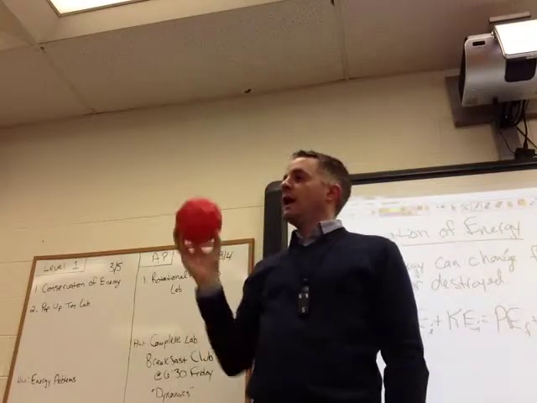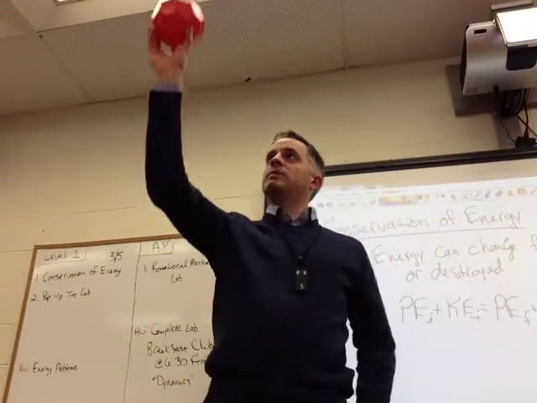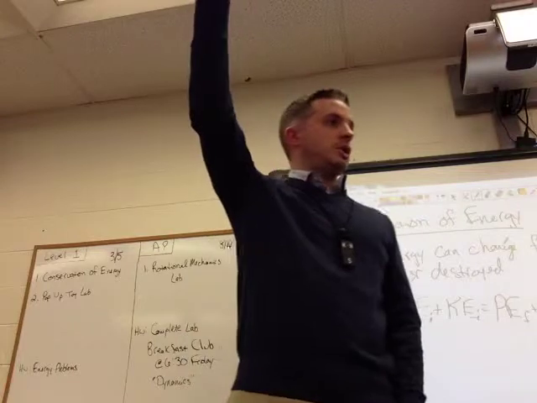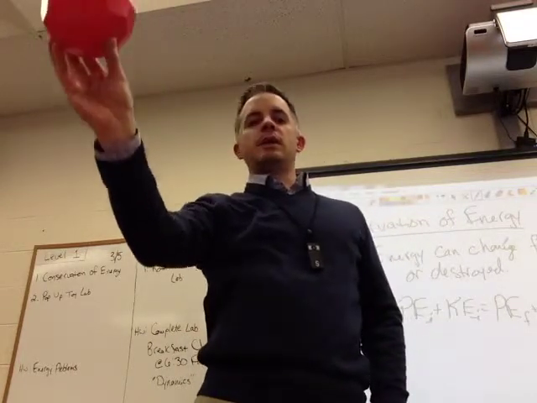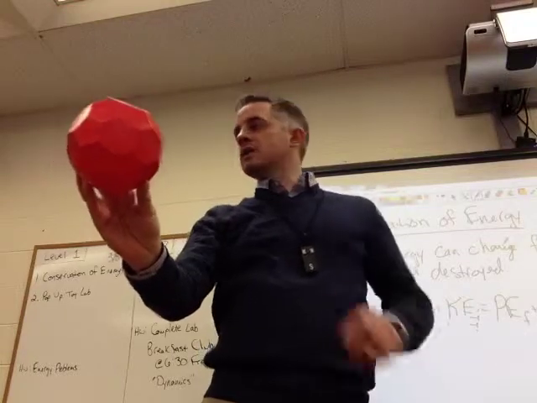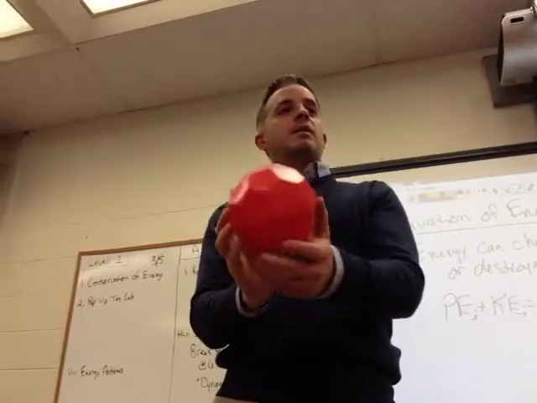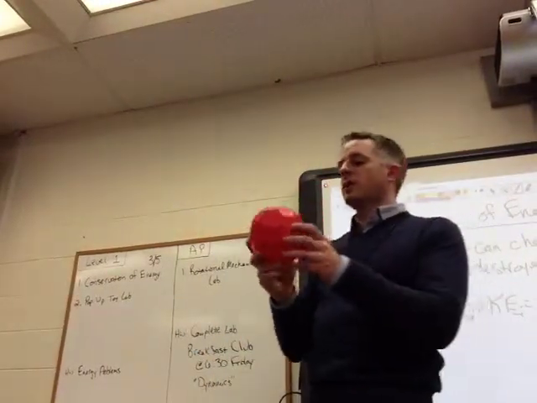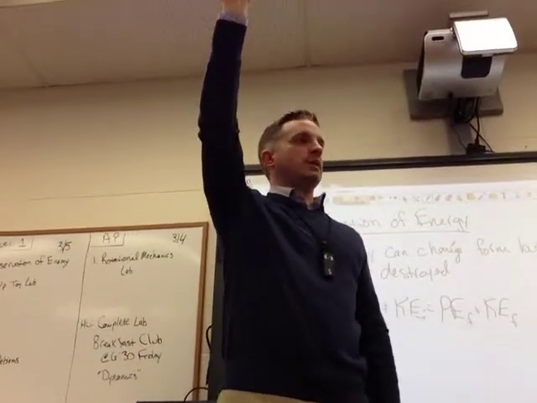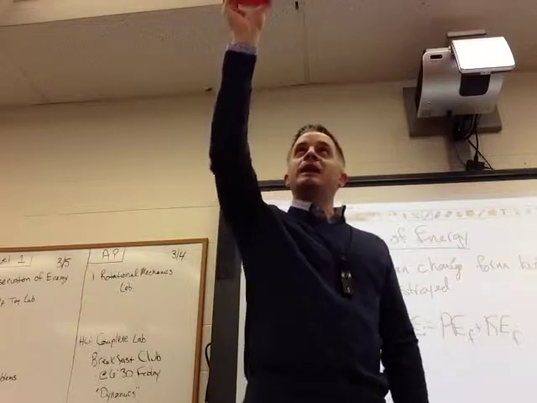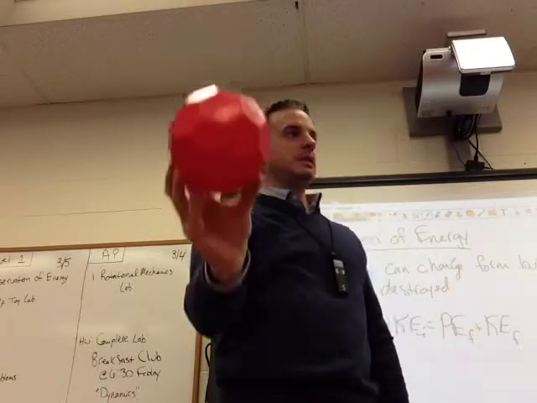But as it's falling, what happens to the speed? Increases. So the kinetic increases as well. So you just told me that while the potential is increasing, the kinetic is decreasing, and while the kinetic is increasing, the potential is decreasing.